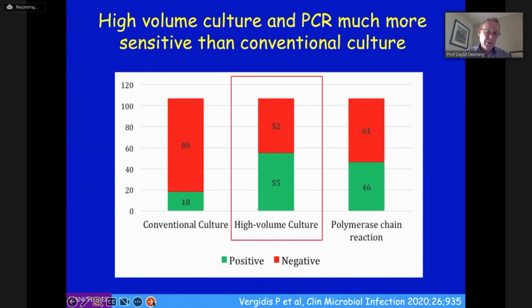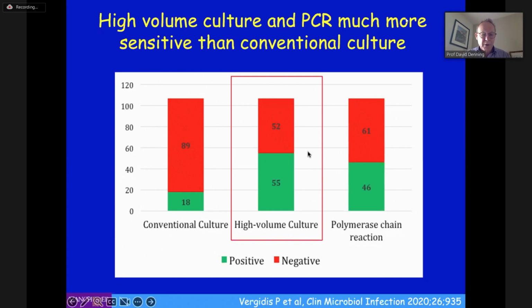So in the UK until fairly recently, the standard approach was to take a sputum sample and culture 1 microliter or maybe 10 microliters, and that's what you call conventional culture. You can see that your yield from these patients is around 15 to 18% on a given sample. This is both ABPA and CPA combined.